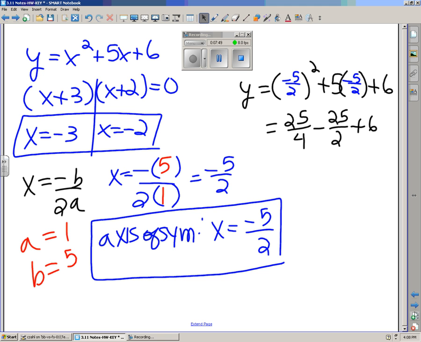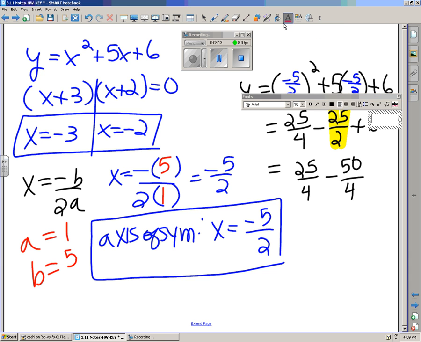Well, I need to change these halves into fourths. Hopefully you realize that you're going to get, I'm sorry, that should be positive. So you're going to get the positive 25 fourths minus 50 fourths. If I change everything into fourths, I should be able to change 6 into fourths.